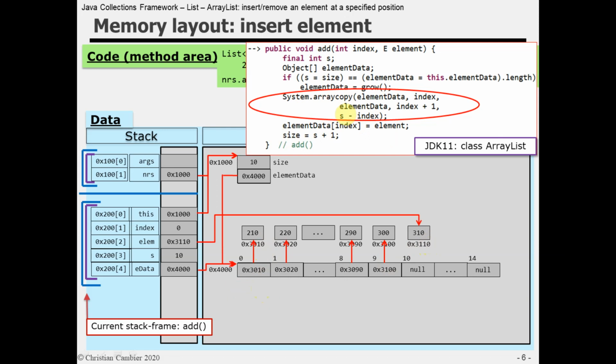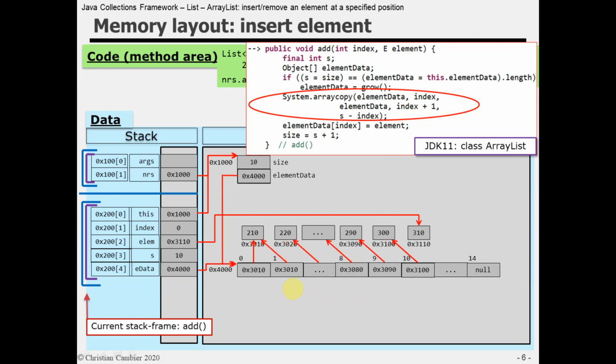Well, if it is invoked, it will result in the content of an array element, which represents the address of an integer wrapper object, to be copied to its neighboring element located to its right. Okay, and this is done from right to left, up to the position denoted by index plus 1.